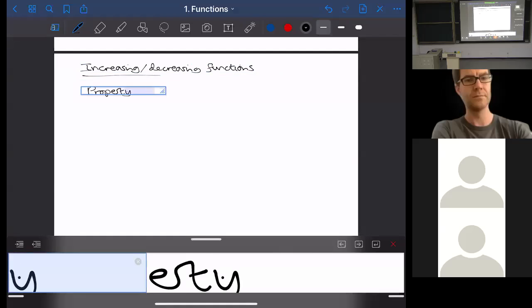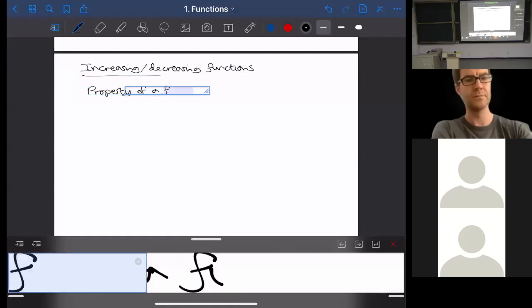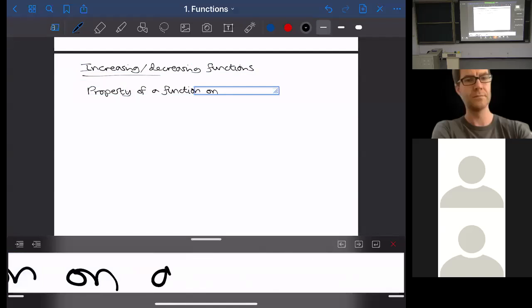So this is a property of a function on an interval.